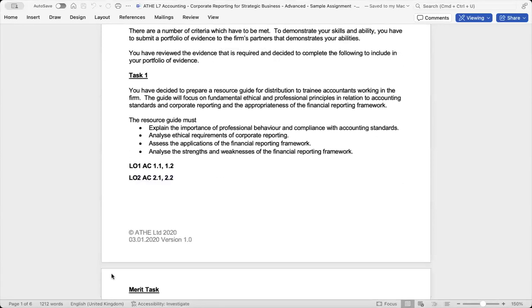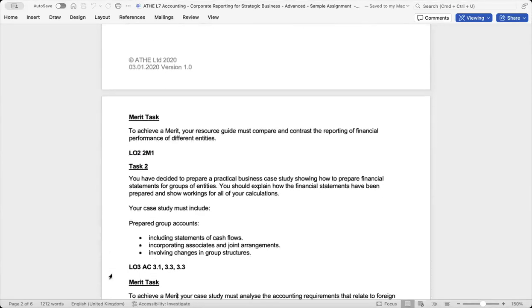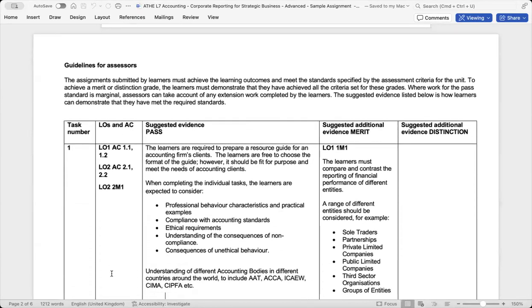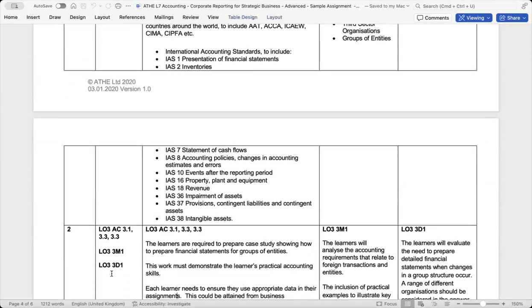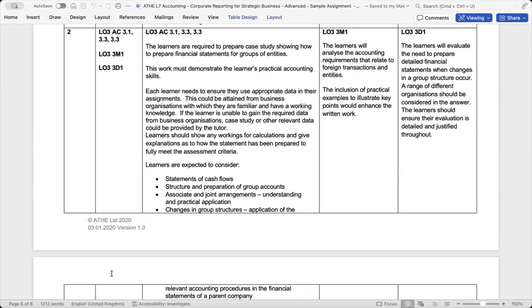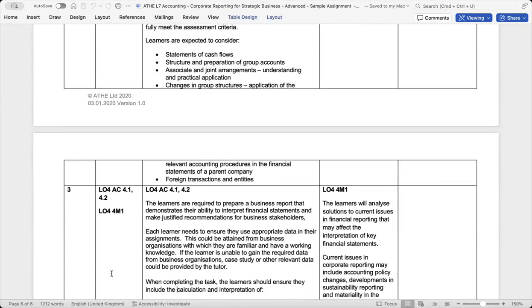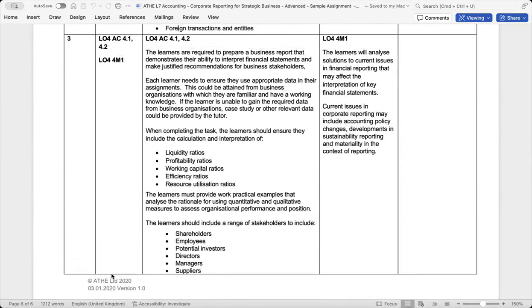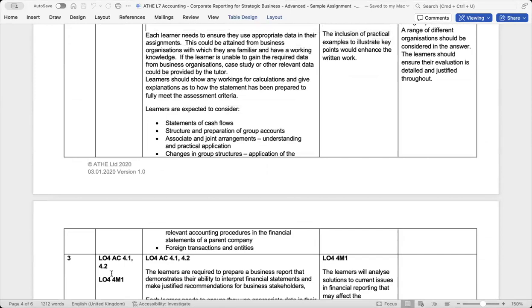So that's it for today. Basically, there are 3 tasks to complete, and for task 1, you can visit learning outcomes 1, 2, then for task 2, 3, and for task 3, 4.